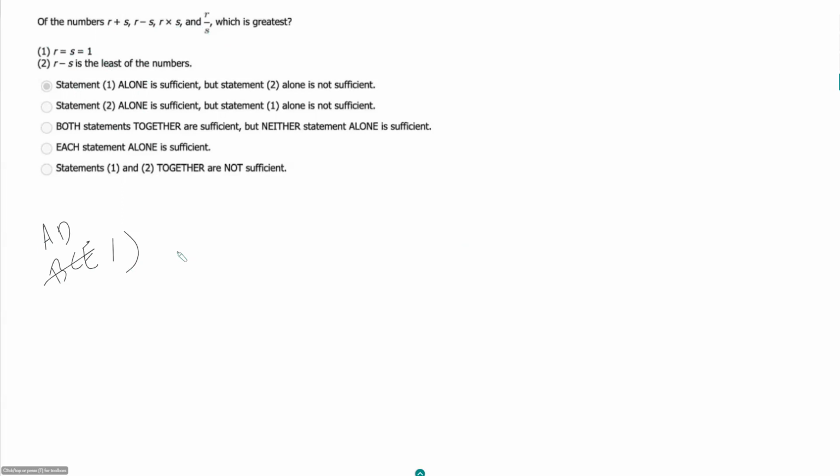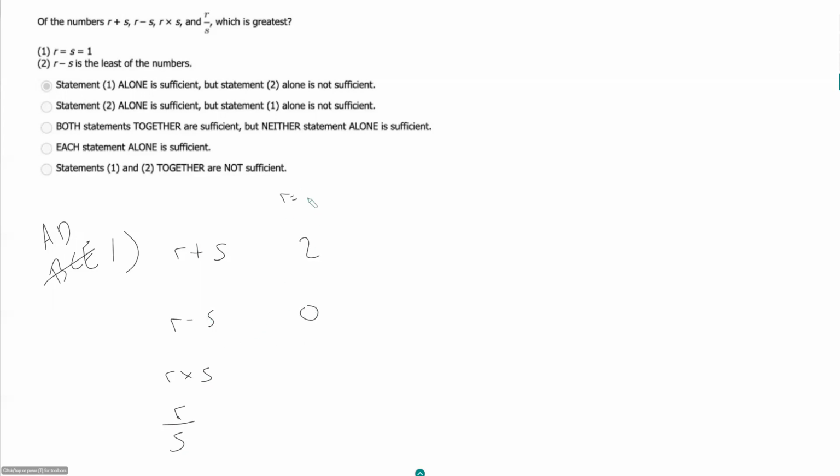Maybe organize things in a sort of chart. If r and s are both equal to 1, r plus s will be equal to 2, r minus s will be equal to 0.